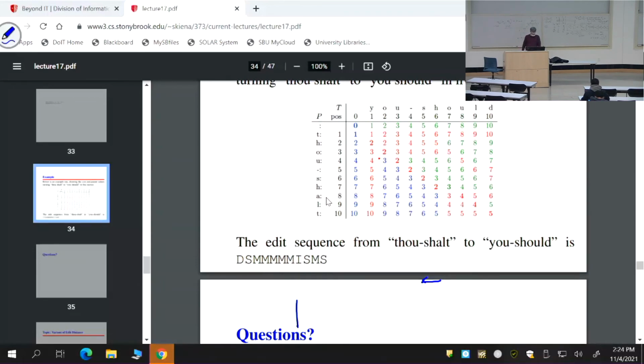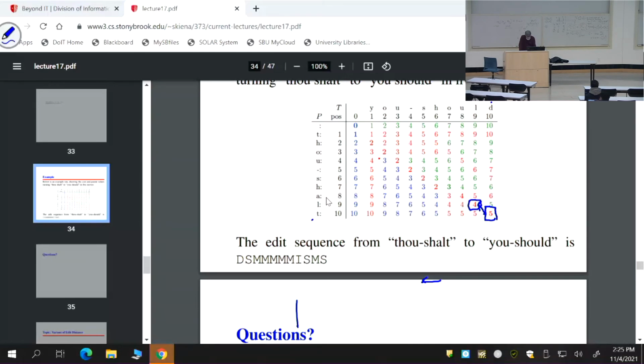What's the cost of editing thou shalt to you should? According to this, it is 5. Why is it 5 changes to turn thou shalt to you should? The last change was I substituted a D for a T. That put me up here.